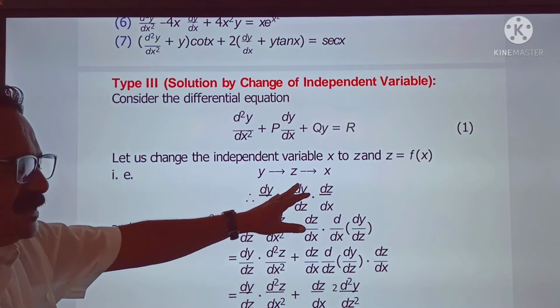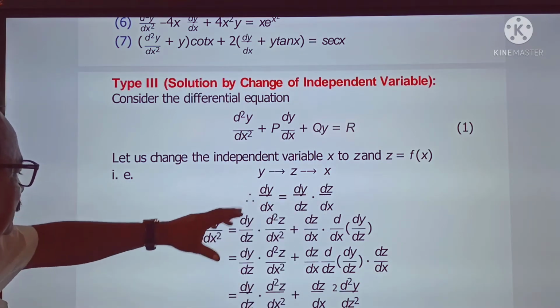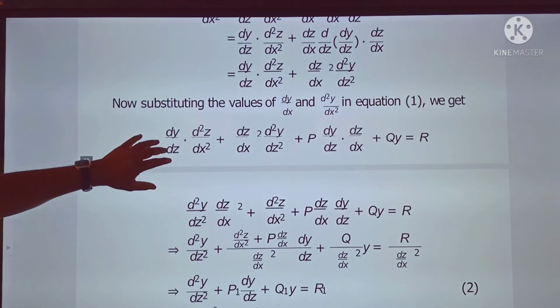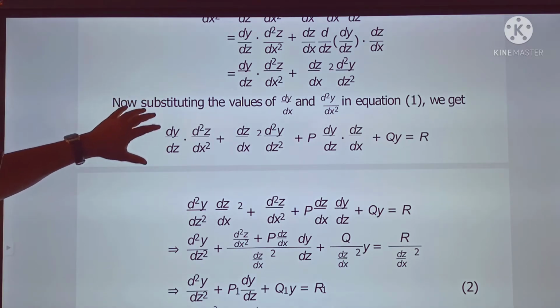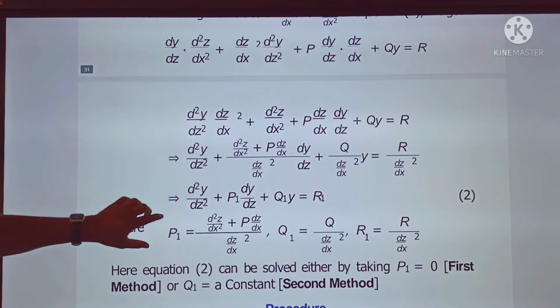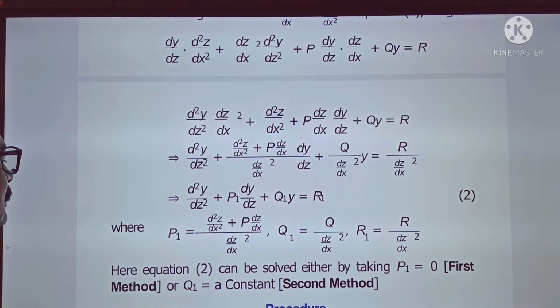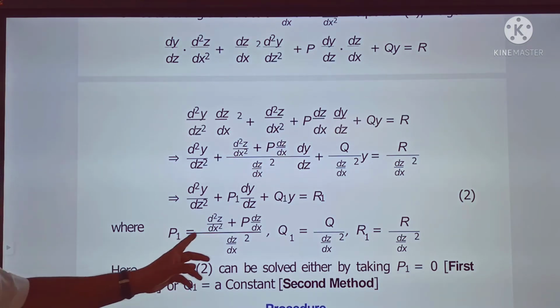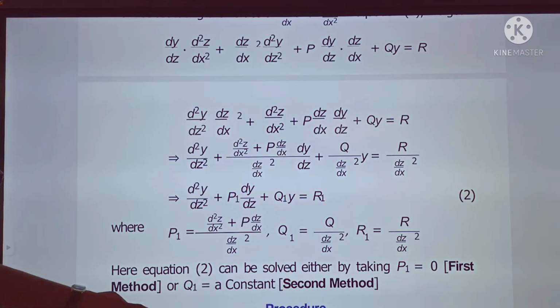That is, y is a function of z and z is a function of x. Using that, we get, and substituting these values of dy by dx and d2y by dx square, we get this equation 2. That is important. d2y by dz square plus p1 dy by dz plus q1 y is r1, where p1, q1, r1 are in this way.